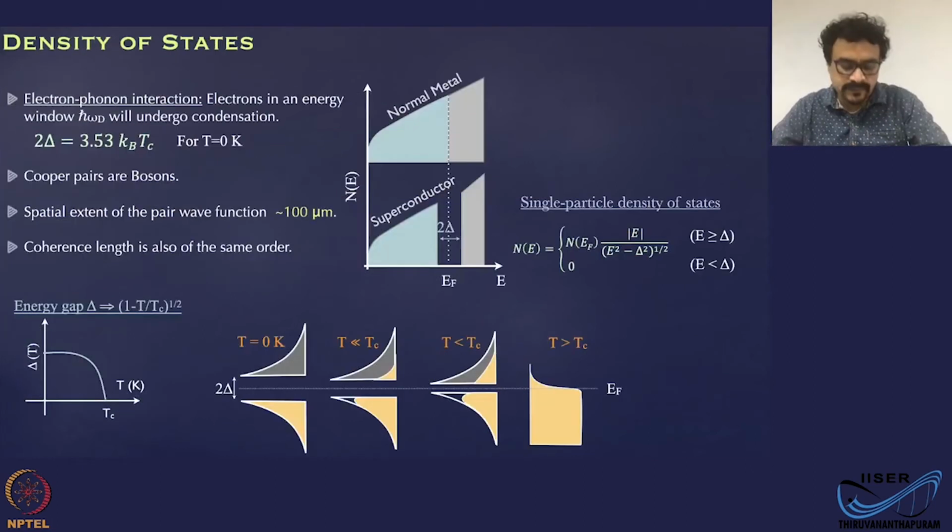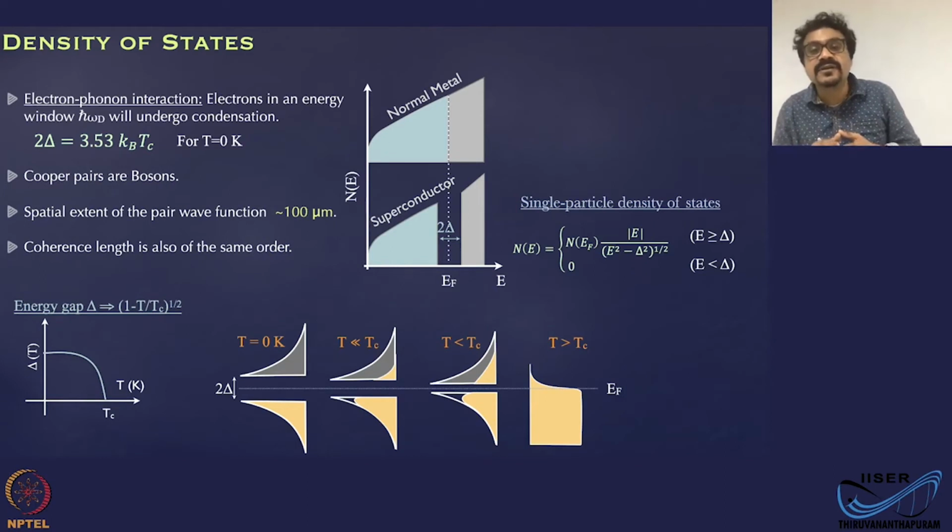Okay. A very important transport parameter is the density of states. Now let's back off a little bit and look at what happens to the density of states in a normal metal or normal conductor right before the transition has happened.